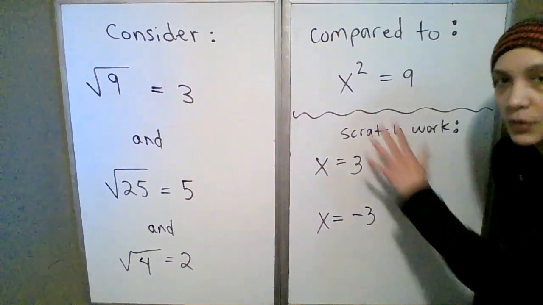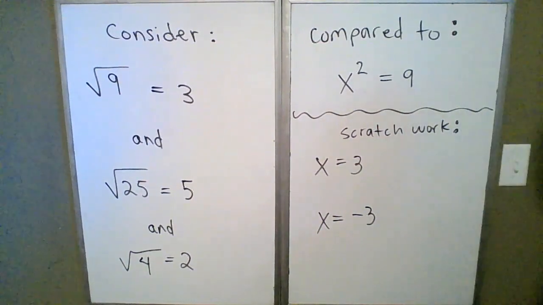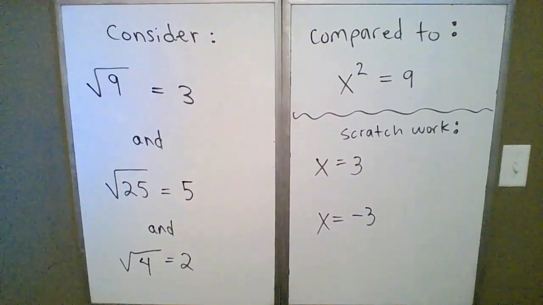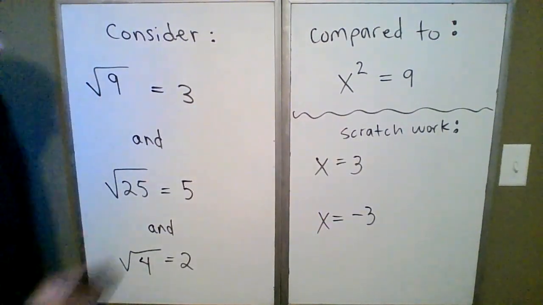Okay, so for equations that look kind of like this, you can use the square root property. Google, it said the square root method.